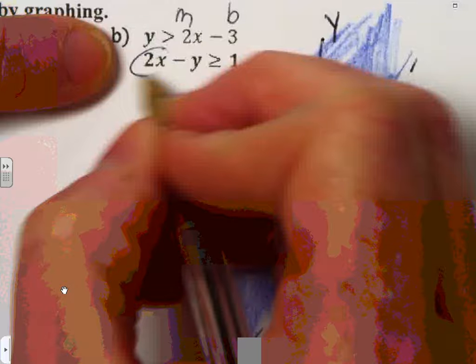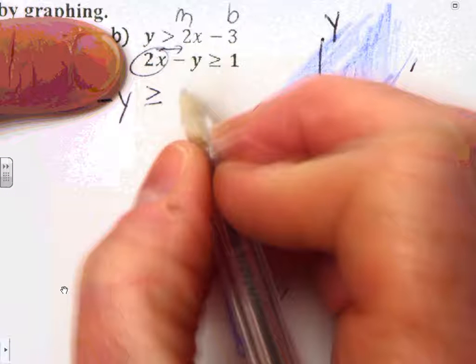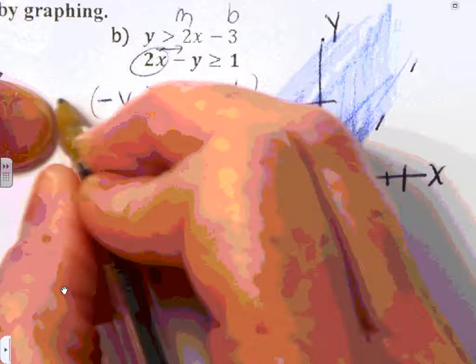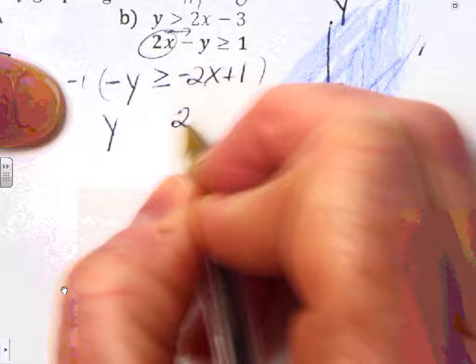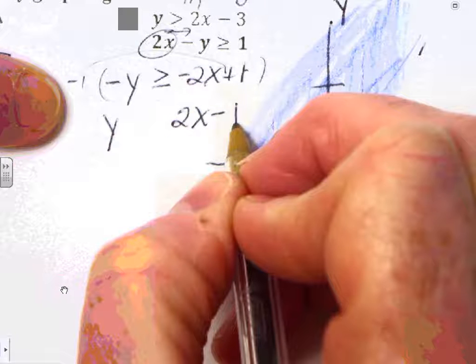So I have -y is greater than or equal to -2x plus 1. Can't have a -y, so multiply everything by -1. This becomes a +y, this becomes a +2x, and this becomes a -1. That's all you need to know because of the slope.